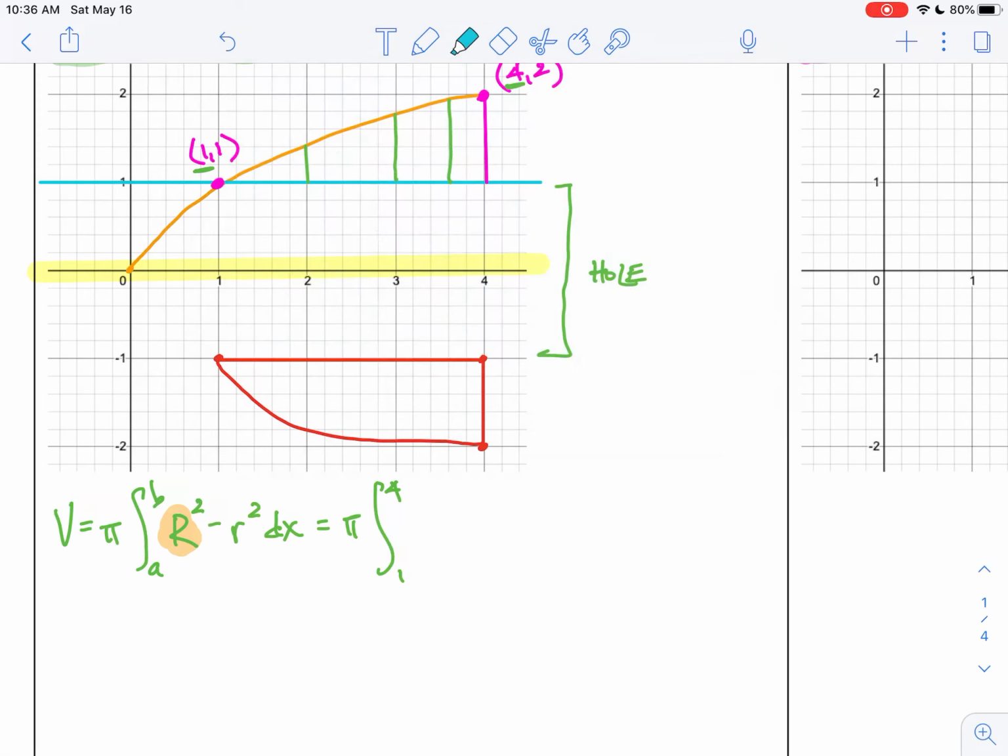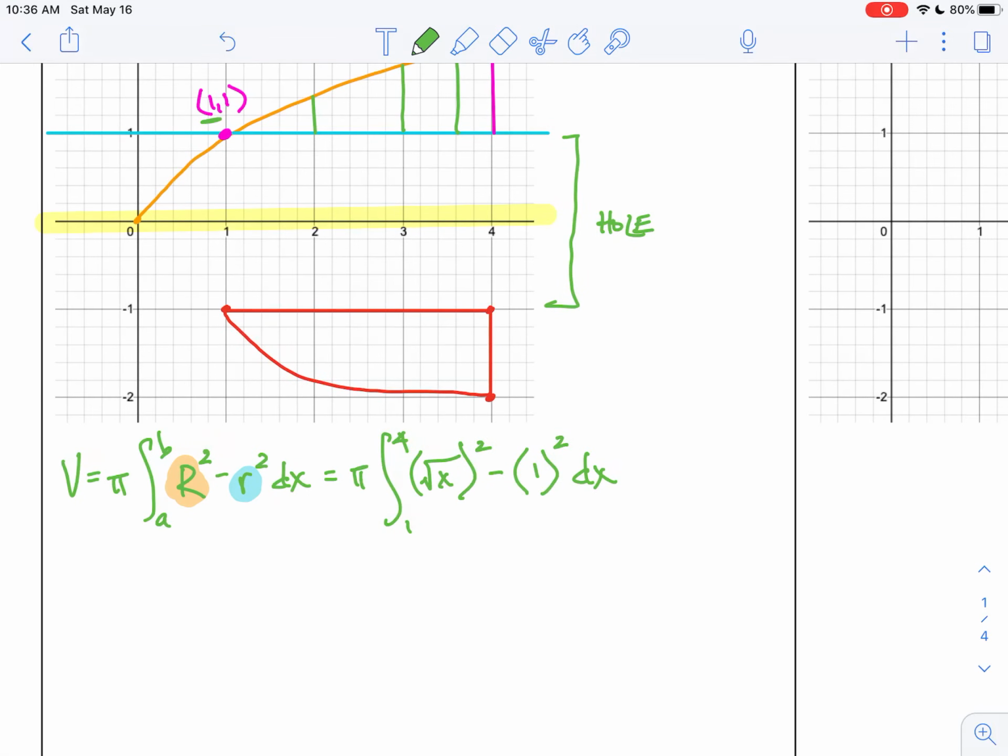So that makes the light blue line my little r. So my big R, according to my equation at the beginning, was the square root of x, and then I have to square that because it's big R squared. Minus the little r was just 1, and then I need to square that to get little r squared, and then I seal it off with a dx.